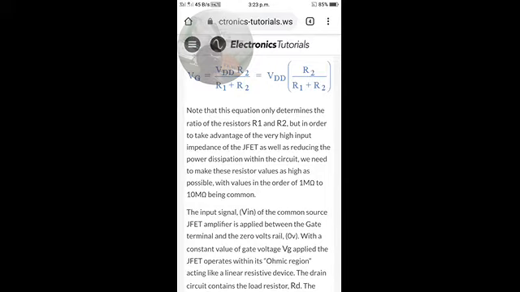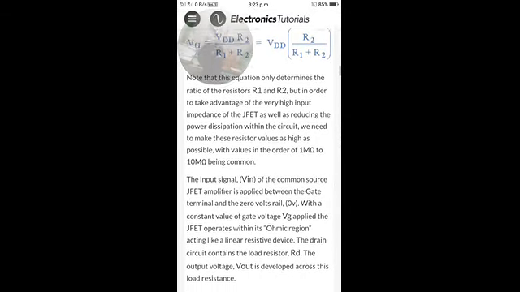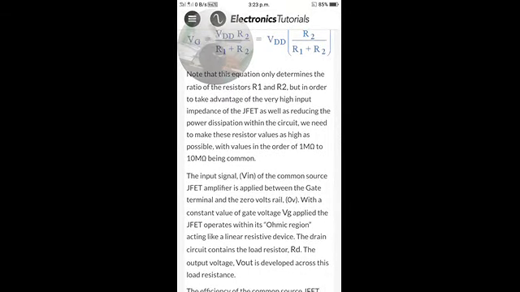The JFET operates in its ohmic region, acting like a linear resistive device. The drain circuit contains the load resistor RD. The output voltage Vout is developed across this load resistor.